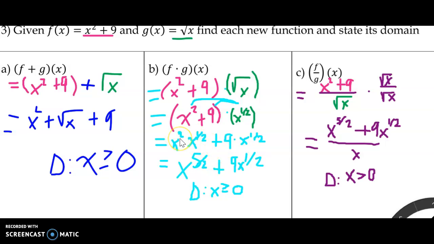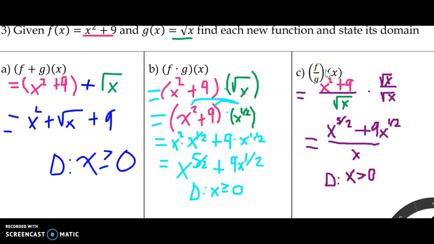We need to use the product rule here, so we add our exponents. So 2 plus 1/2 is 5/2. And then 9 times x to the 1/2 power is just 9x to the 1/2. These are not like terms. The exponents are different, so we can't combine them, so we just leave it as it is. Again, our index is an even number, so x has to be greater than or equal to 0.